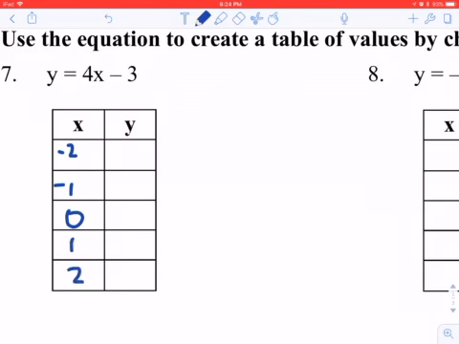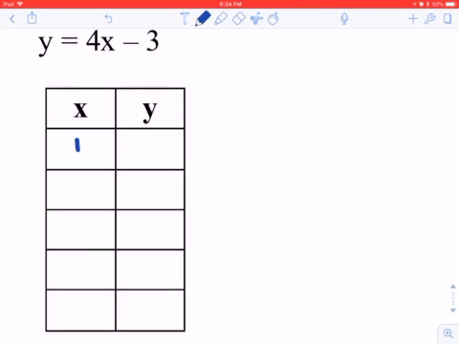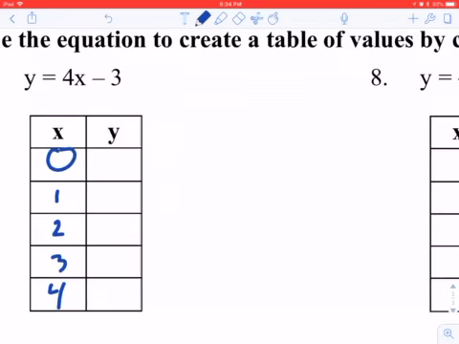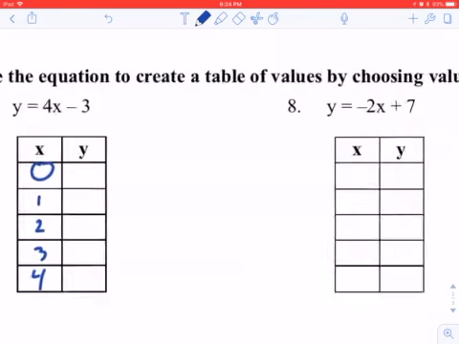Or if you don't like negatives, just go 0, 1, 2, 3, 4. You should always have a 0 in there. I'm going to request that you always have a 0 somewhere, because it tells you a lot about your graph. So let's check this first one. And you must find your x before you can find your y, unless it's given to you.